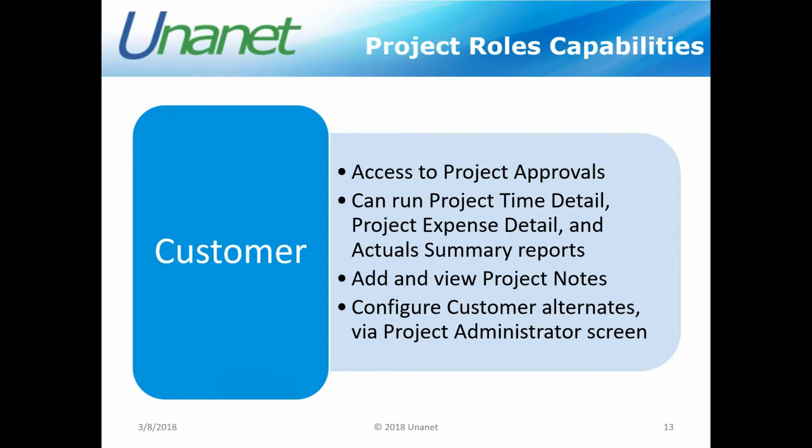Also, within the customer approval process, it allows you to say that the customer approves first before anyone else. And sometimes our clients use that by saying, I actually want my project approver approving first before it goes to that timesheet manager approval. And you can utilize this customer role to make that functionality work. But from a roles perspective, it's just access to doing another level of project approvals.